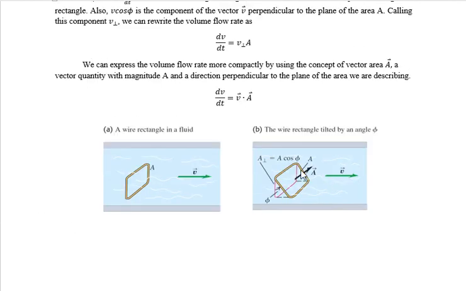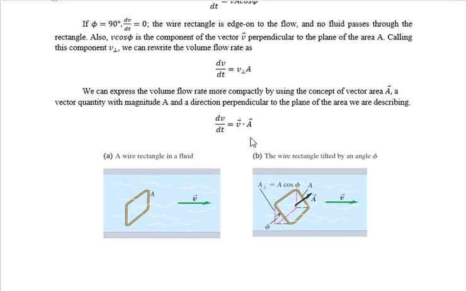In this case, kinuha natin yung magnitude or yung component ng ating area that is perpendicular to the direction of the velocity, okay? Using this cosine phi, okay, where phi is the angle of inclination of that cross-sectional area with respect to the direction of the fluid, or the velocity of the fluid.